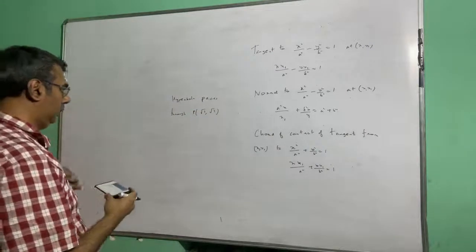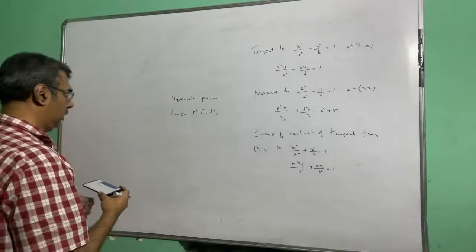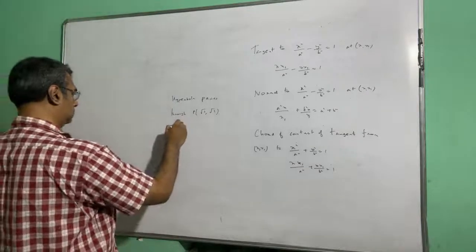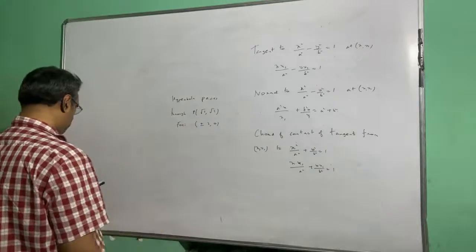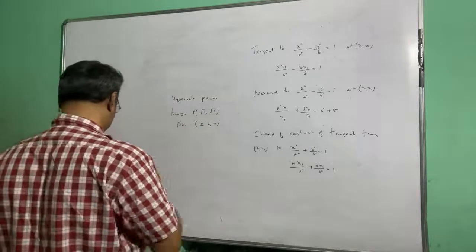So a hyperbola passes through the point P, root 2 comma root 3. So foci are plus minus 2 comma 0.